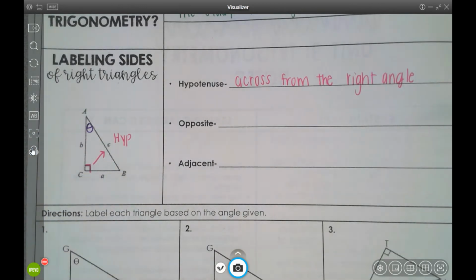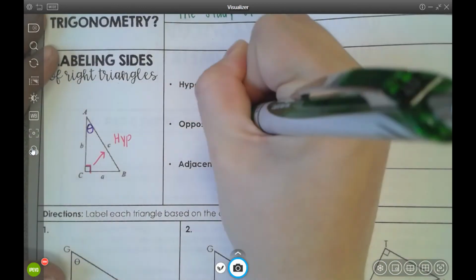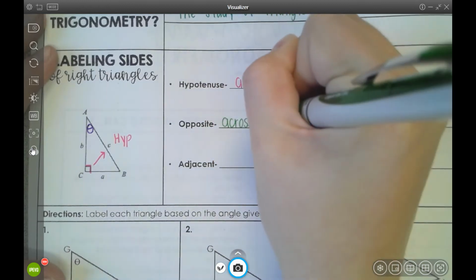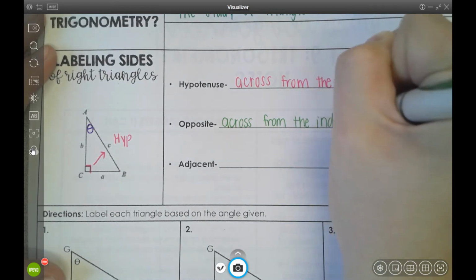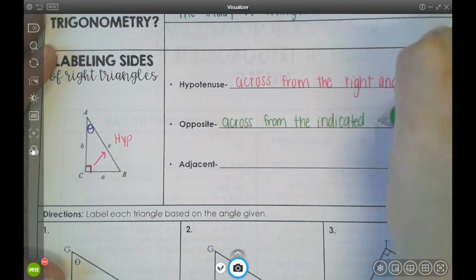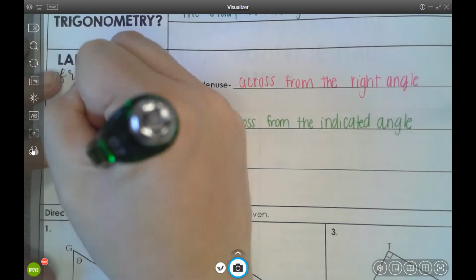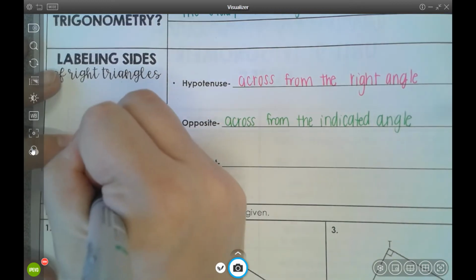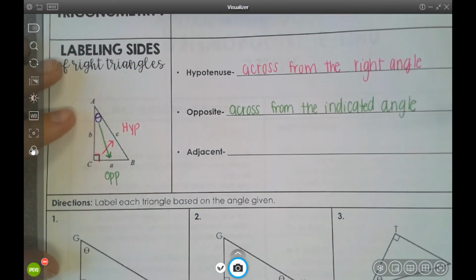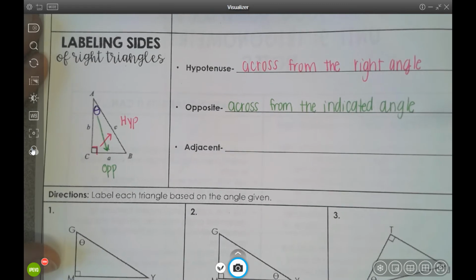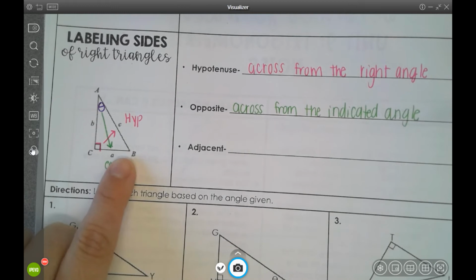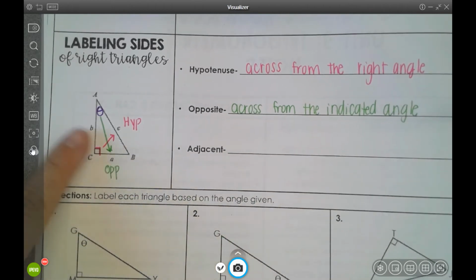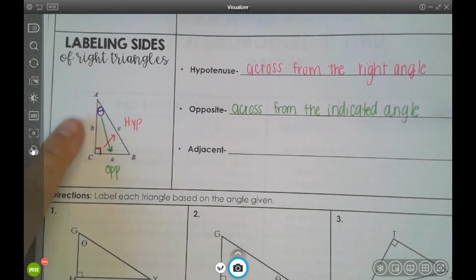Then the opposite side is across from the indicated angle. So across from theta, that's my opposite side. If I had said that B was the indicated angle, then my opposite side would be little b.